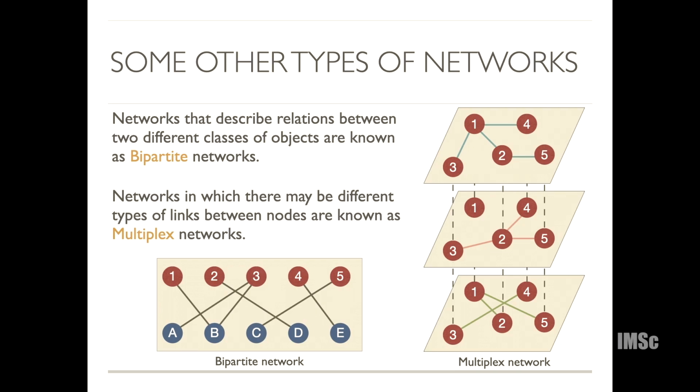So you could have networks that describe a relationship between 2 different classes of objects. For example, in this scenario you have one class of nodes 1, 3, 4, 5, another A to E, and you have connections going from class 1 to class 2.